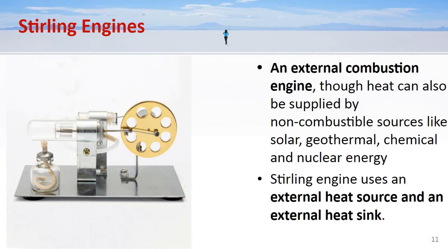The next one is a Stirling engine. Stirling engine is an external combustion engine. The combustion takes place outside the chamber, though heat can also be supplied by non-combustible sources like solar, geothermal, chemical, and nuclear energy. So heating can be done by solar or other energy sources. Basically, a Stirling engine uses an external heat source and an external heat sink.